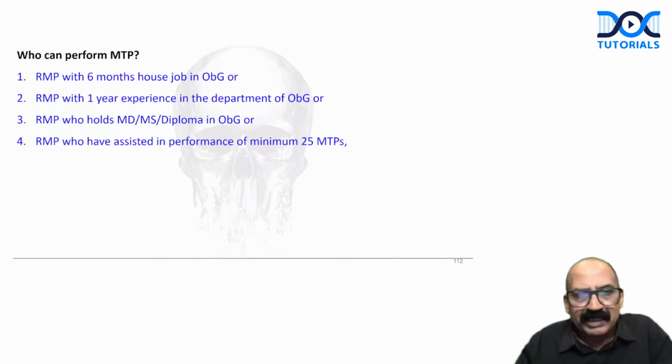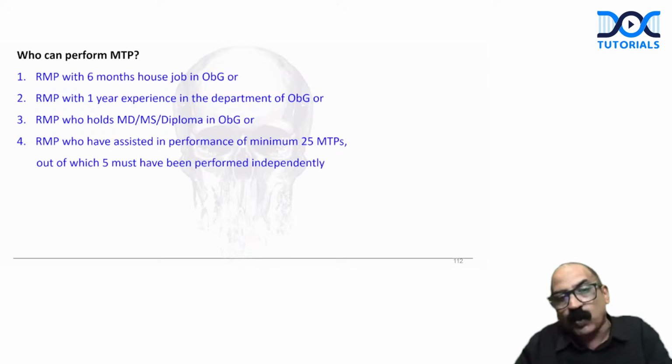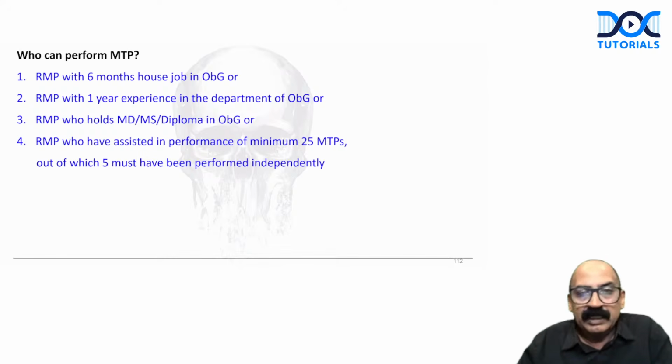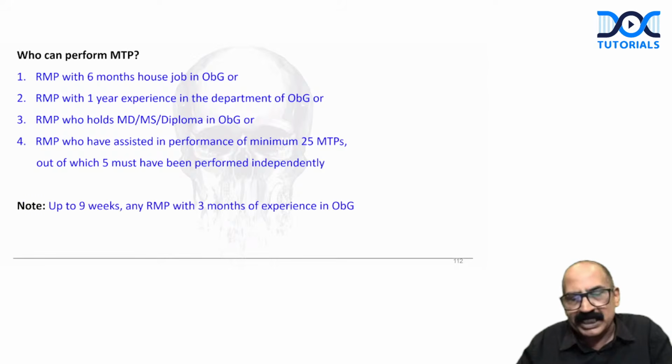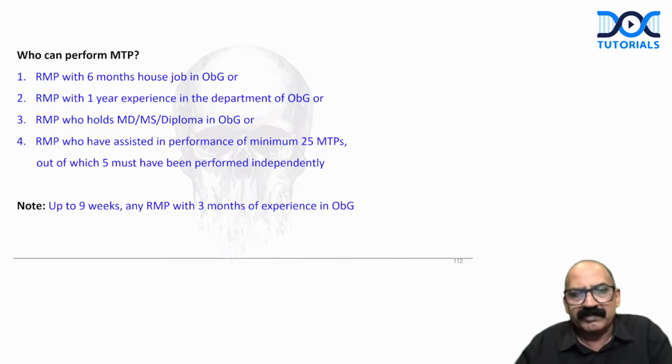RMP means registered medical practitioner who assisted in the performance of 25 MTPs, out of which 5 he should have done independently. There is one exception. Up to 9 weeks of gestational period, 3 months of experience in OBG is sufficient.